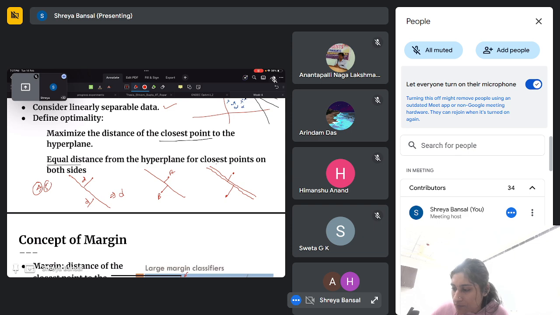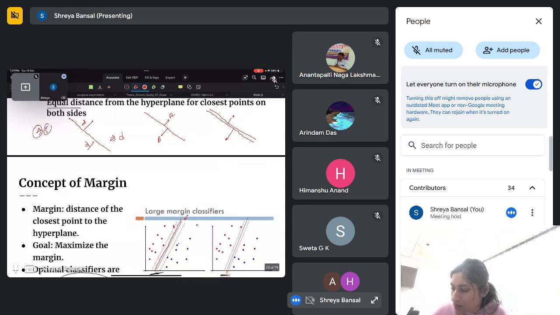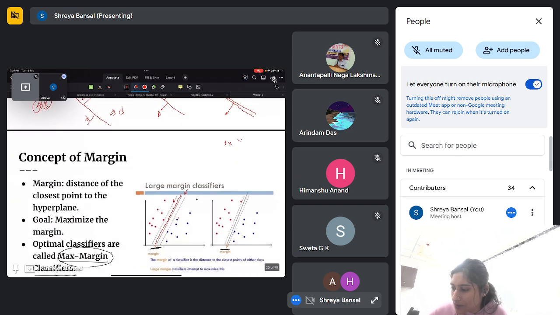Let's say this is the data, okay, this data, and the other class is shown like this. Maybe when you want to maximize the distance, it can happen that some misclassification can occur.